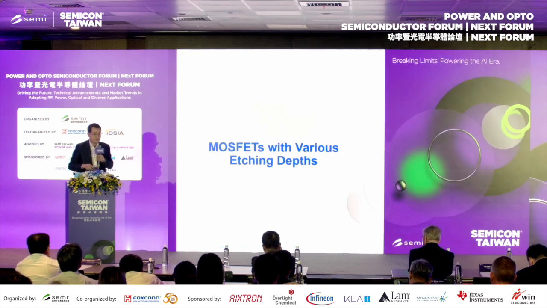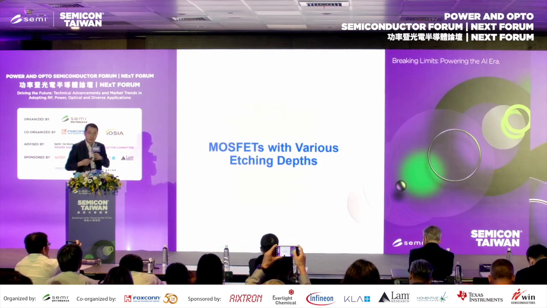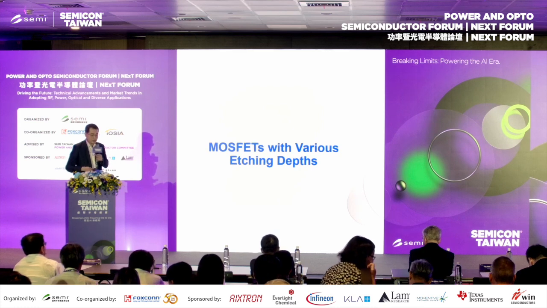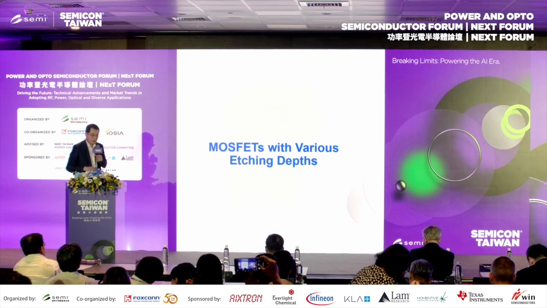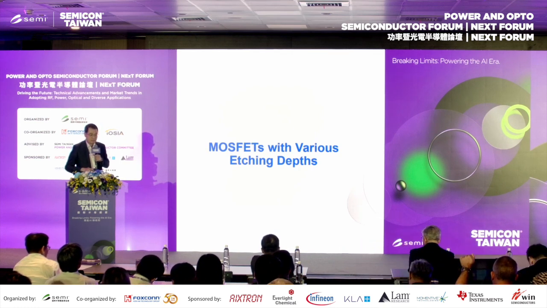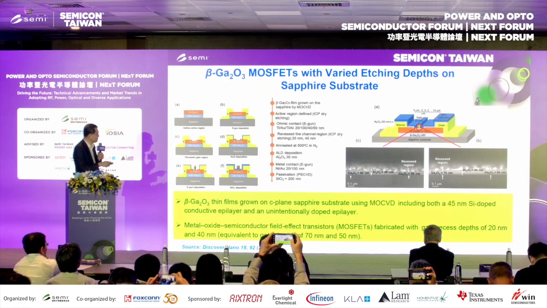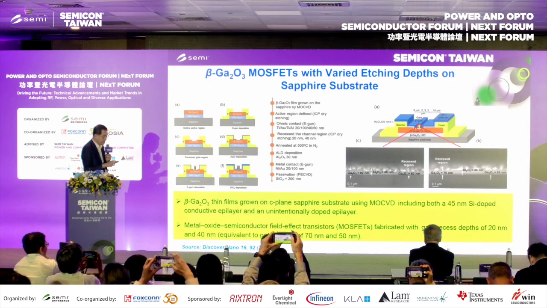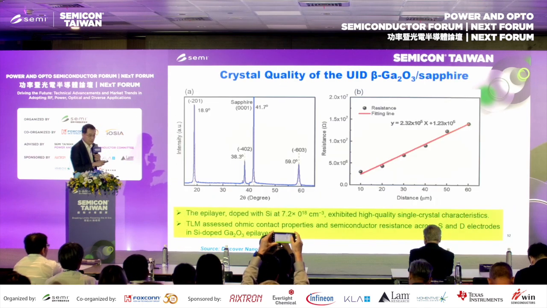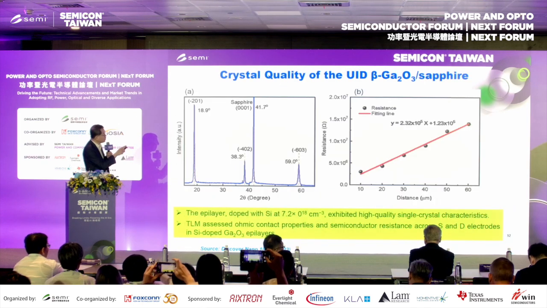Okay, then we can continuously retune the MOSFET performance with different etching depths. For the different etching depths, this is the MOSFET, and we can etch the UID thickness, and this is the crystal quality of the UID.